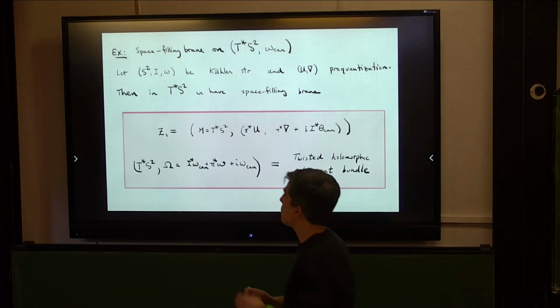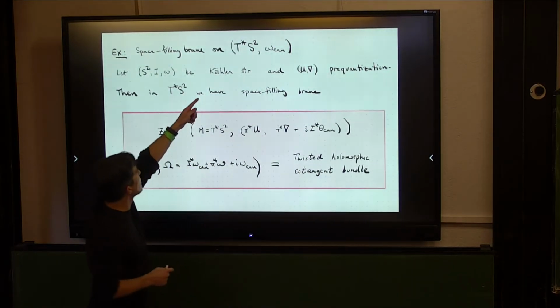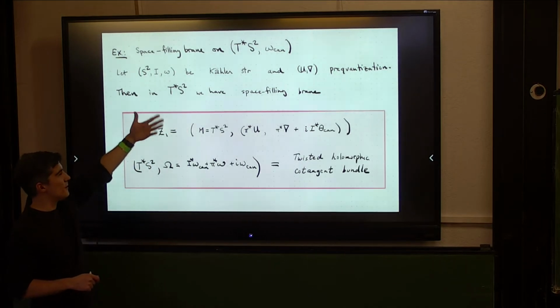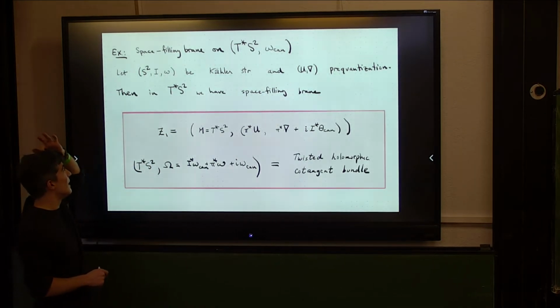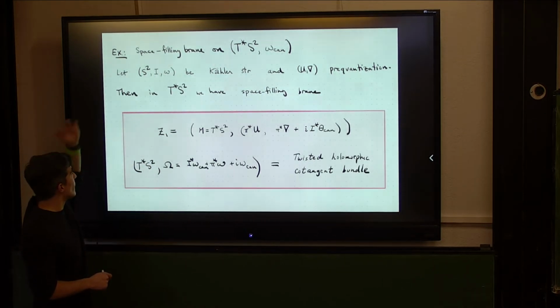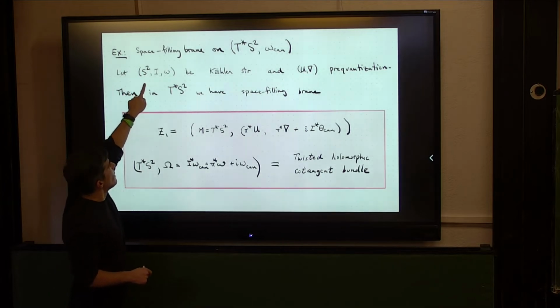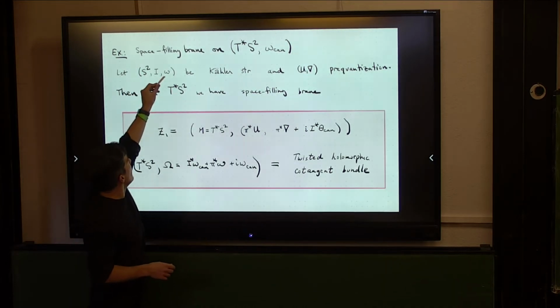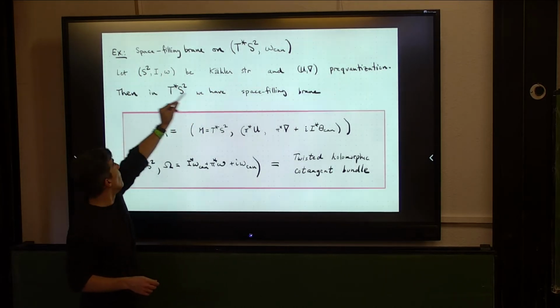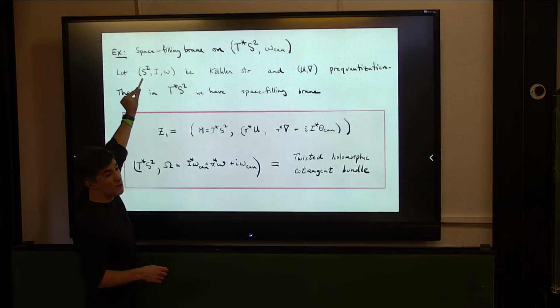Here's an example. We saw this one already. You take the cotangent bundle of S2 with the standard symplectic form. But we assume that omega here is not the same as omega canonical. Omega is the Kähler form on S2.